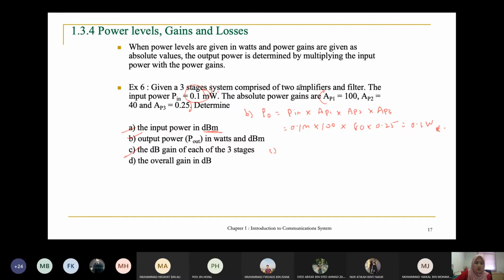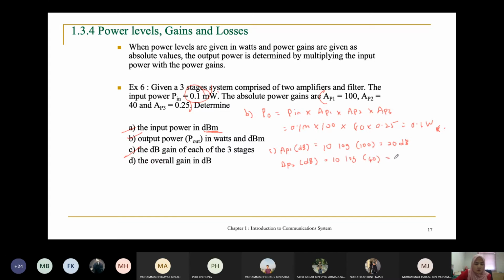So see here. The first one, AP1 in decibel is 10 log 100. Just use your calculator, you should get 20 decibel. For AP2 dB, this is 10 log 40.